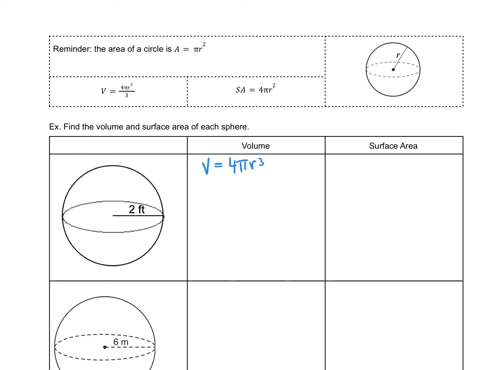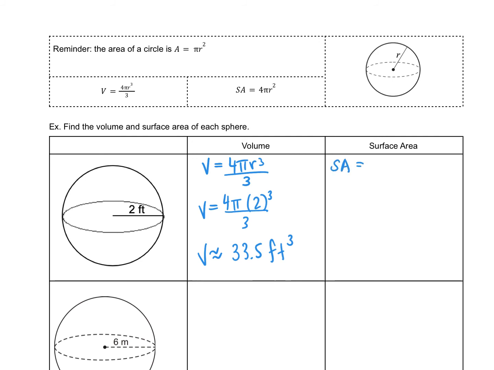I will write the general formula for us. Our radius is 2. So 4 pi 2 cubed divided by 3. And then we'll go to our calculator. So 4 times pi times 2 to the power of 3 divided by 3 at the end. And we should get approximately 33.5 feet cubed.